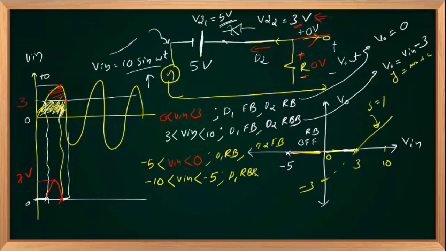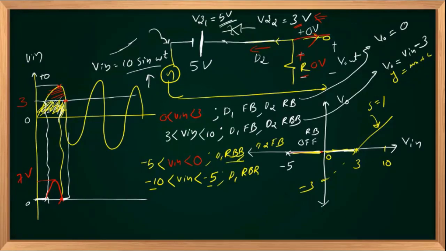So this is actually reverse biased when Vin is greater than minus 5 and less than 0. When it is between minus 10 to minus 5, D1 is reverse biased and it is in breakdown mode. So I will write reverse breakdown or BR. Here it is reverse biased.